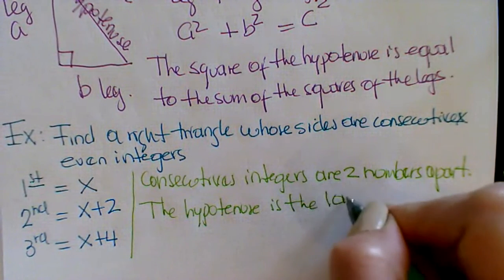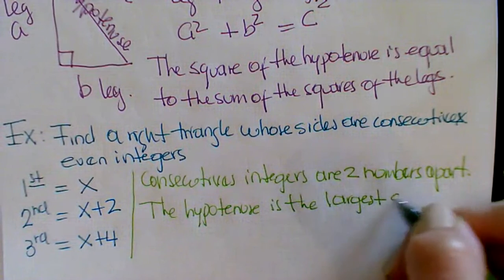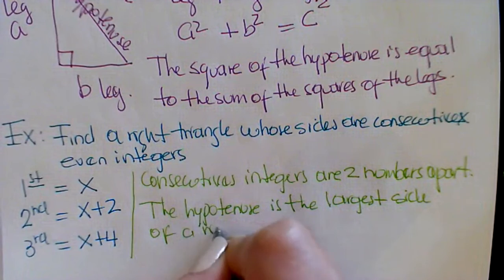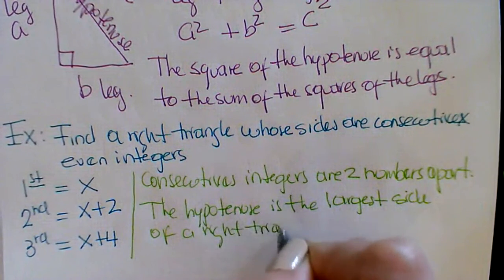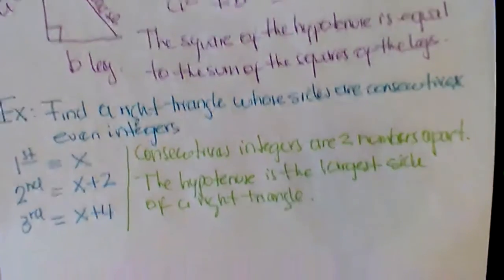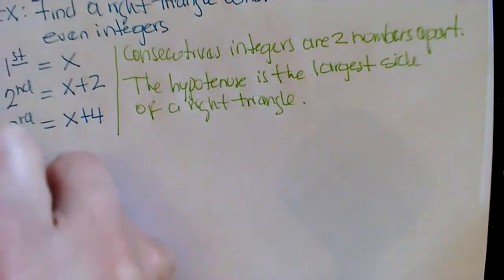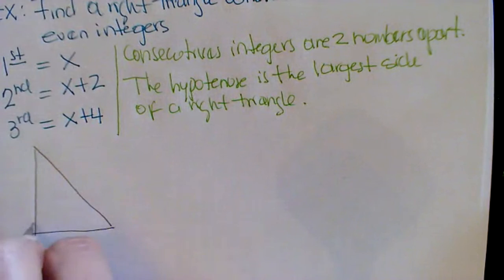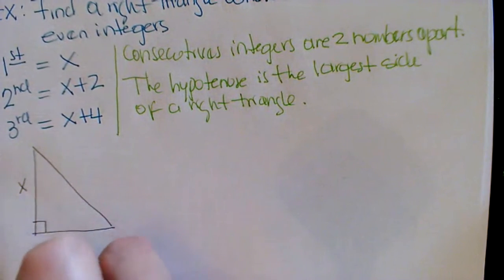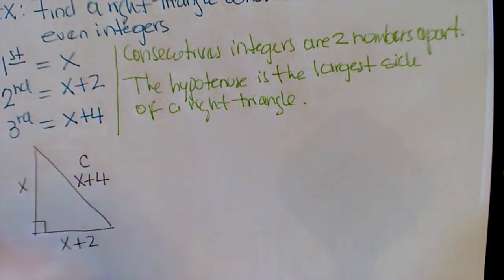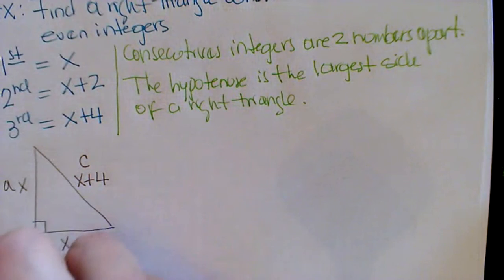Is the largest side of a right triangle. So let's do it. So this is what we have here. So this is x plus 2, and this is x plus 4. This is the hypotenuse, and A, B, and C.